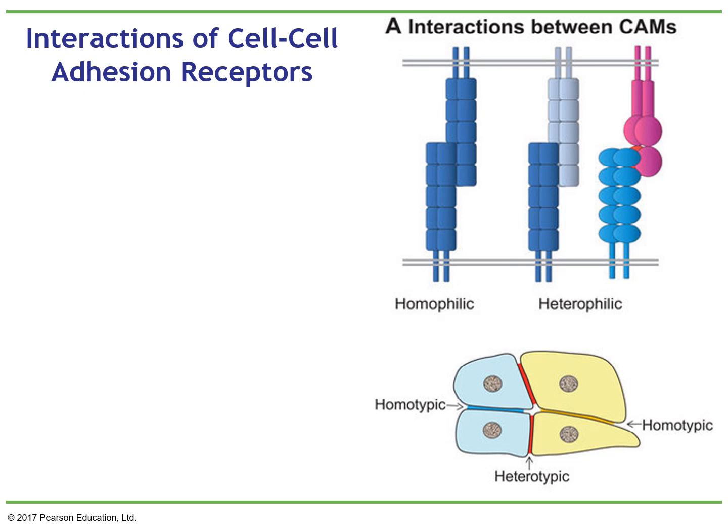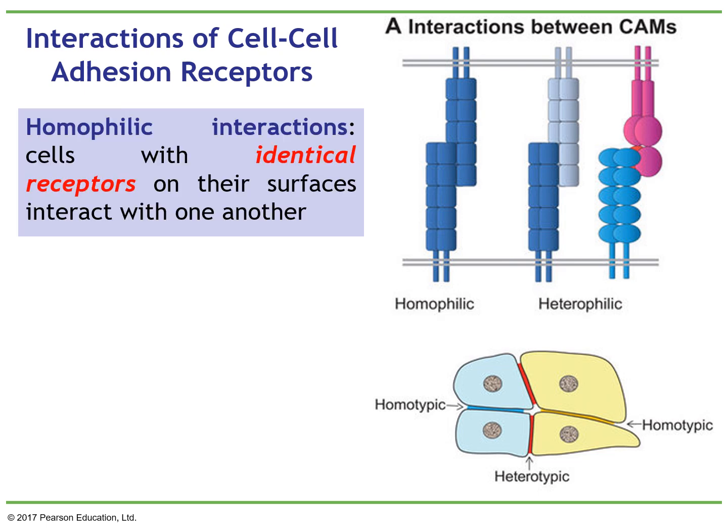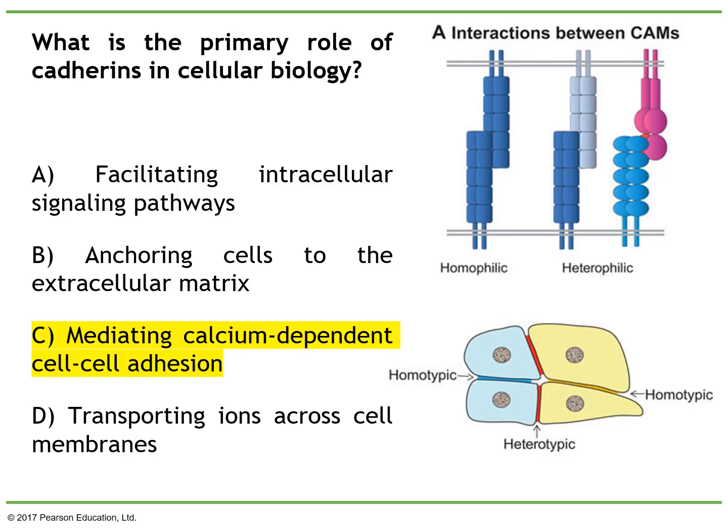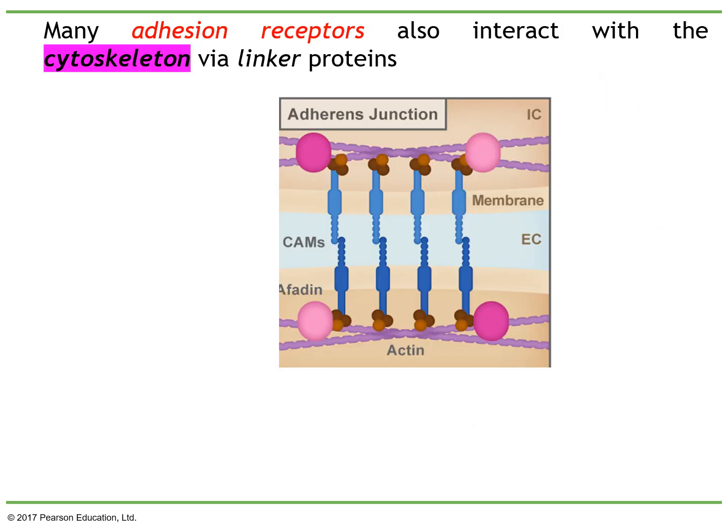And even in a single cell, you can have both types. When you have these adhesion molecules, you have some that are homophilic, that have identical receptors, and others that are heterophilic, that have different receptors. And yes, they are mediating calcium-dependent cell adhesion.